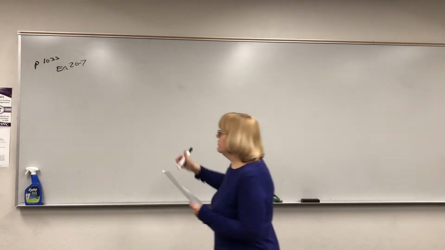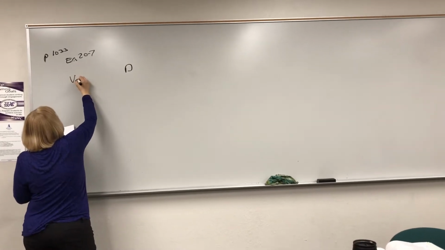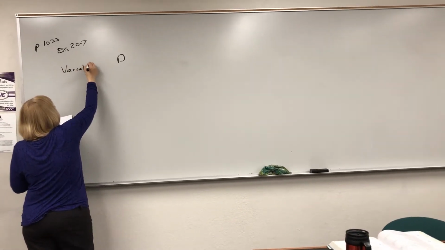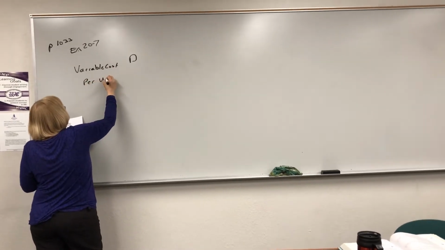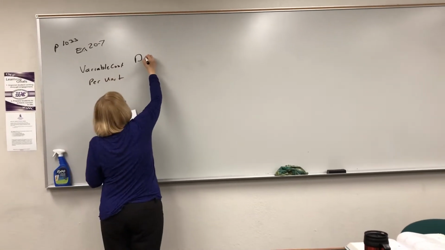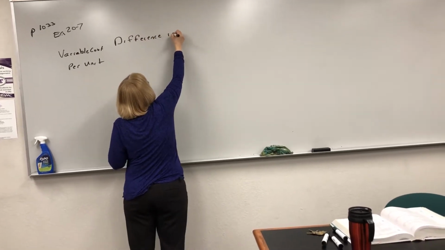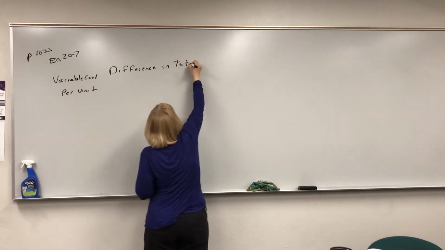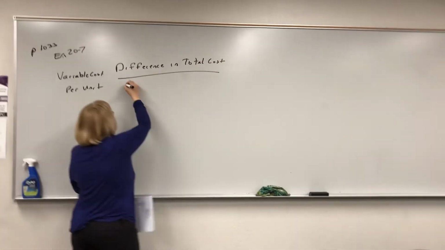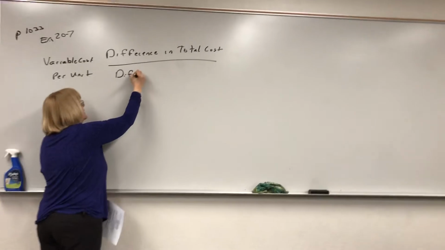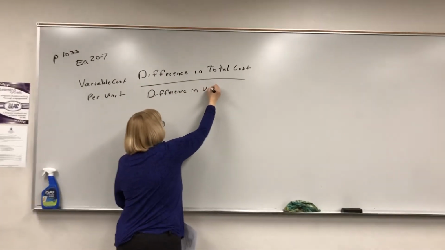And so your formula to get the variable cost per unit is difference in total cost divided by difference in units produced.